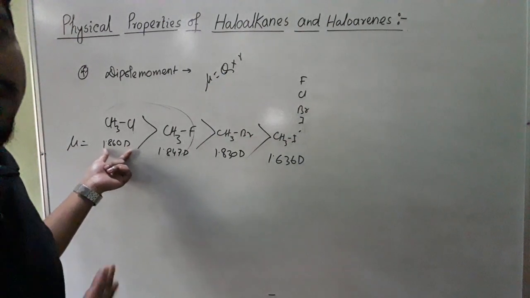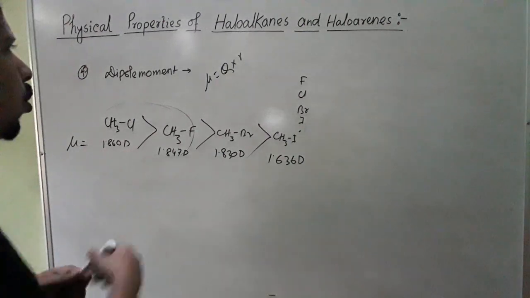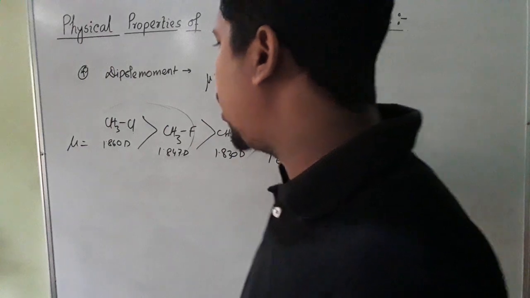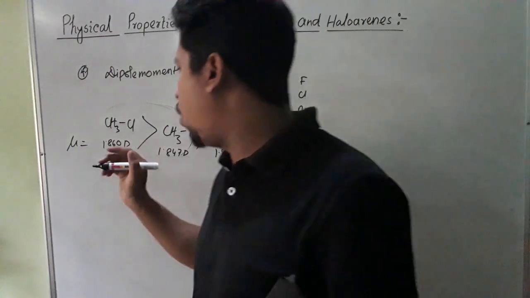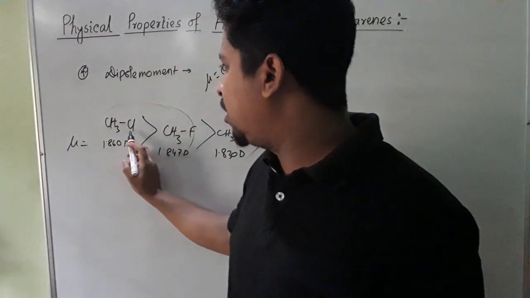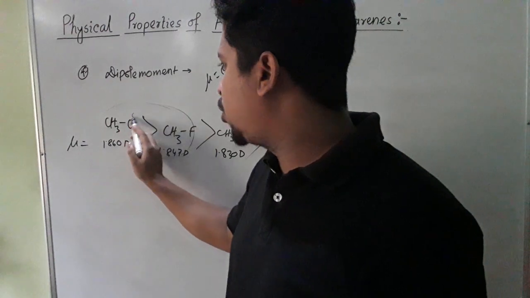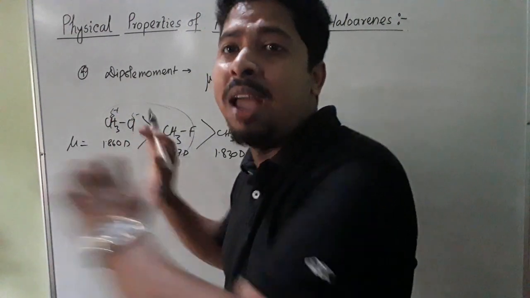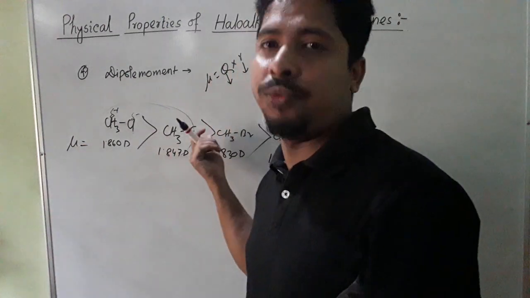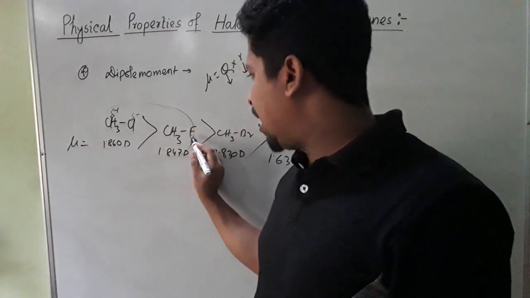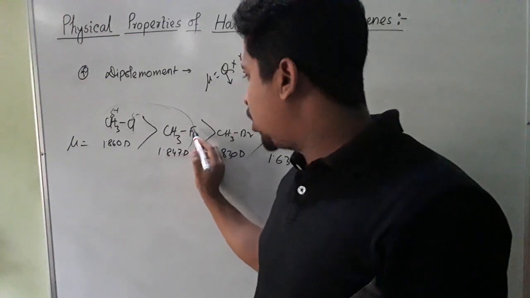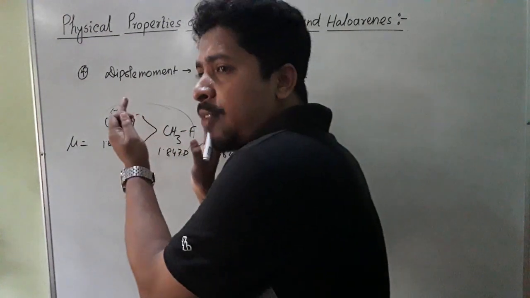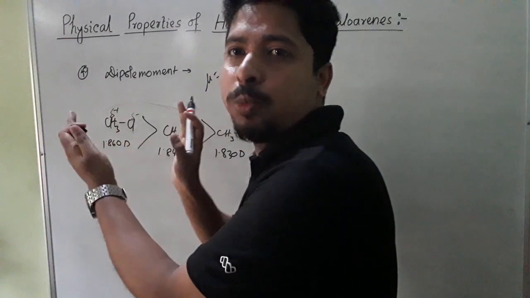Now the question comes, sir, why? Because we know the dipole moment depends on the magnitude of charge and the distance between the charges, and after calculation of the dipole moment, it has been found that in the case of CH3Cl, the magnitude of its charge and the bond length are found to be higher than those of CH3F. Though fluorine is highly electronegative, due to its smaller size and high electronegativity, it has quite a smaller bond length.